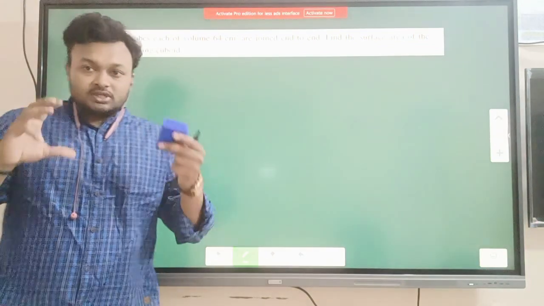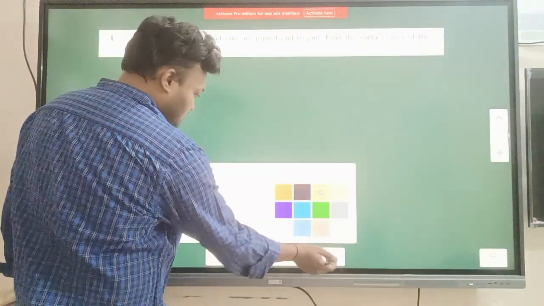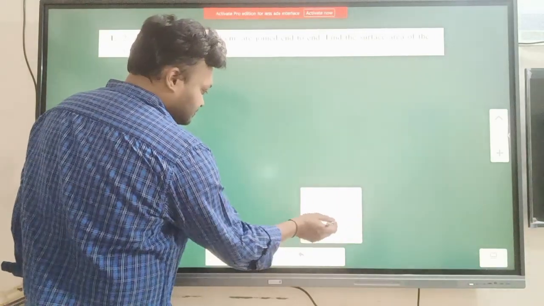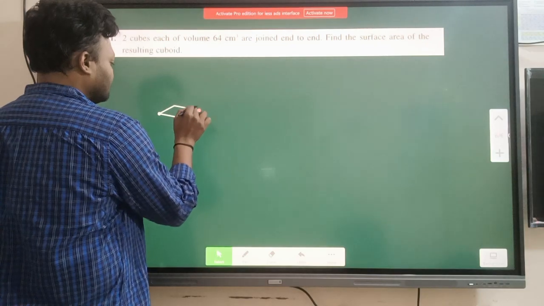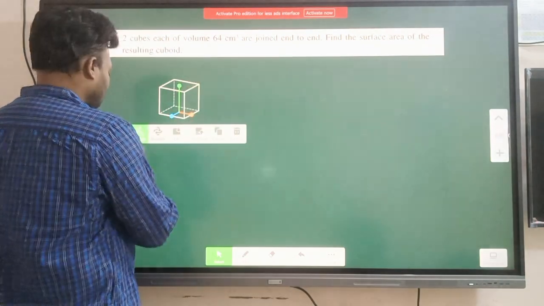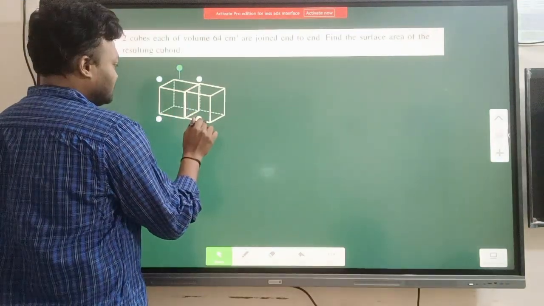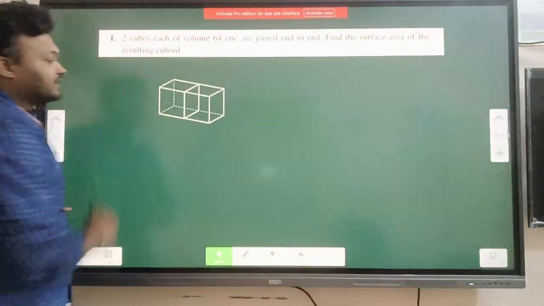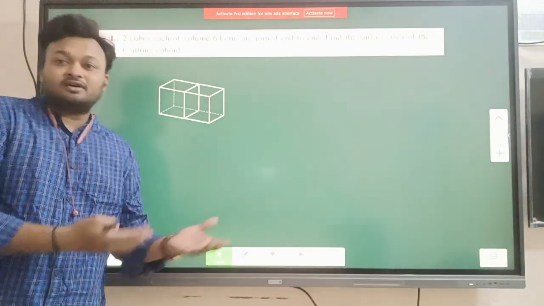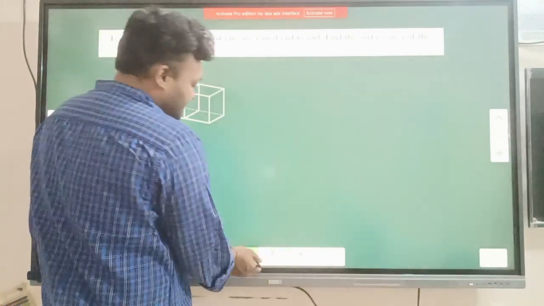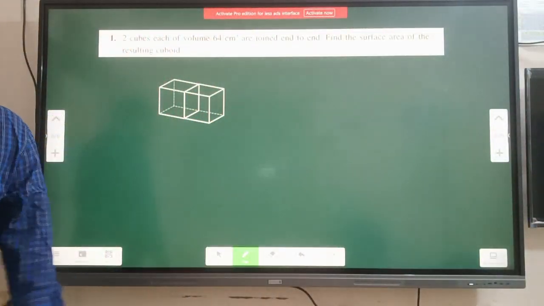So two cubes are joined end to end, like this. So two cubes are attached to each other. Which shape are we going to get? We are going to get a cuboid. So they are asking you to find the surface area of the resulting cuboid.